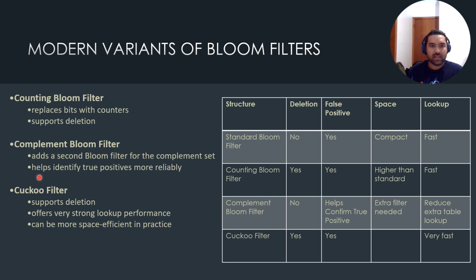It adds a second Bloom filter built on the complement set, and this helps identify some true positives more reliably, reducing unnecessary exact lookups. The third is the cuckoo filter. It also supports deletion, offers very strong lookup performance, and in many practical cases can be more space efficient than a standard Bloom filter.